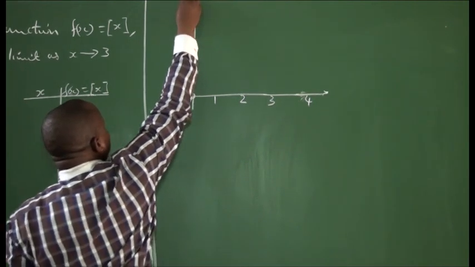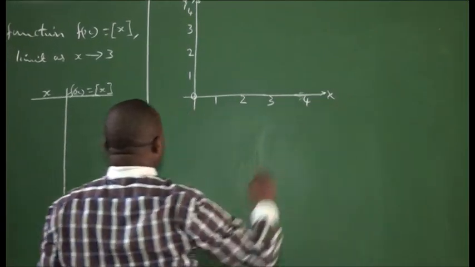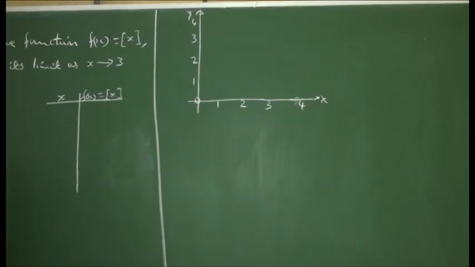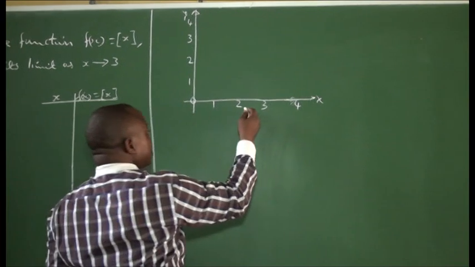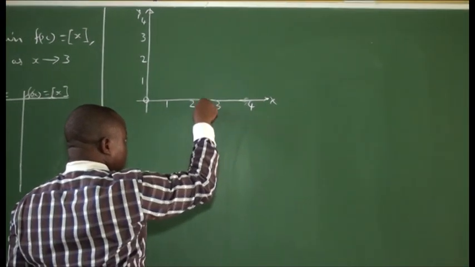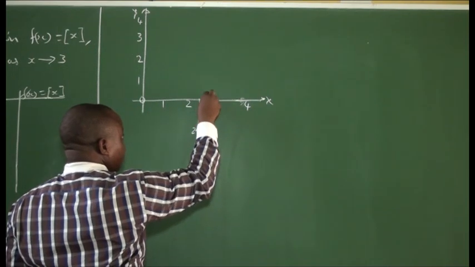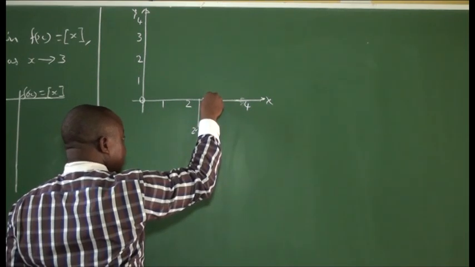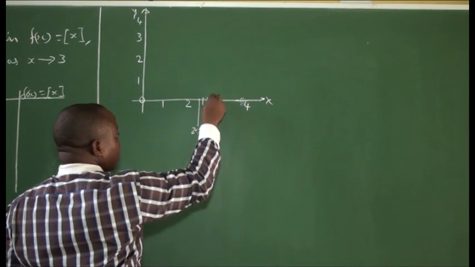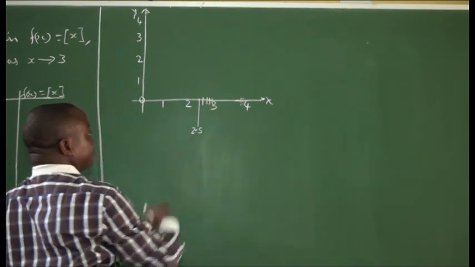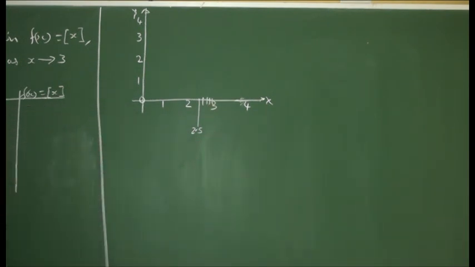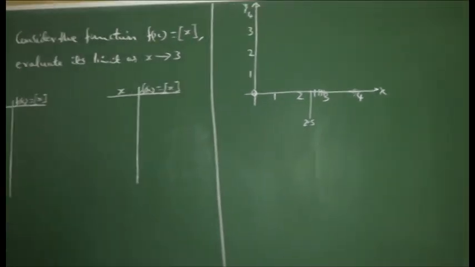This is the y-axis, and this is the x-axis. So I start from here, 2.5, to approach 3. This is 2.5, 2.6, 2.7, 2.8, 2.9, and that is here when x approaches 3 from the left.